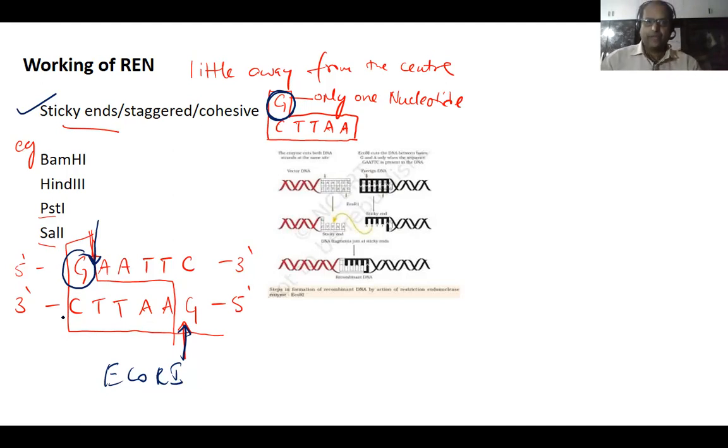So that is one of the cutting principles of restriction endonucleases. Examples we have already written: EcoRI, BamHI, HindIII, PstI, SalI. These are a few specific examples which give us sticky ends.